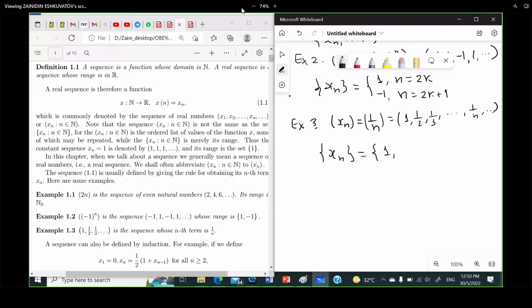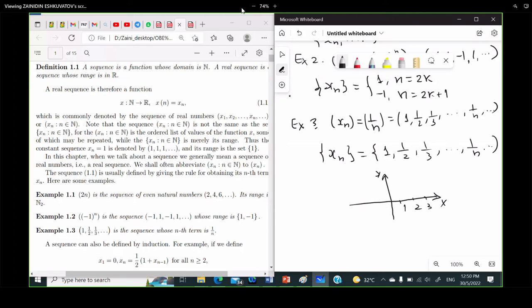When n equals 1, 1 over 2, 1 over 3, 1 over n, and so on, up to 0. So you see the range and the listing of the sequence is the same here. But of course, as a function, this is x, this is y. So 1, 2, 3, and so on.